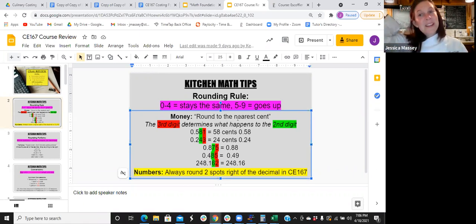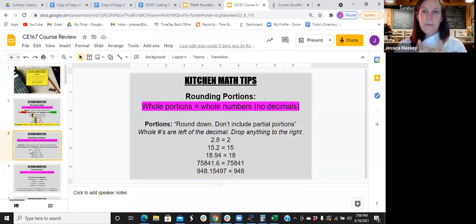So just make sure you're answering the question in the format they're asking for, because that is the silliest error. But anyway, rounding, how are we doing on that? Good on rounding? Yes, cool. Okay, moving on.